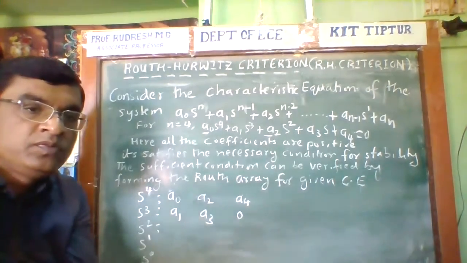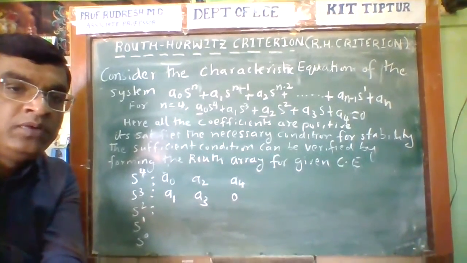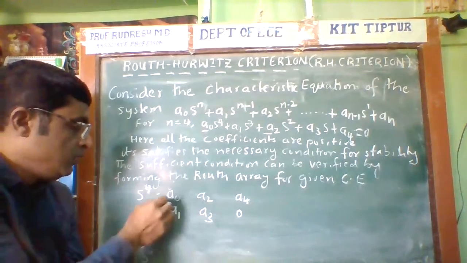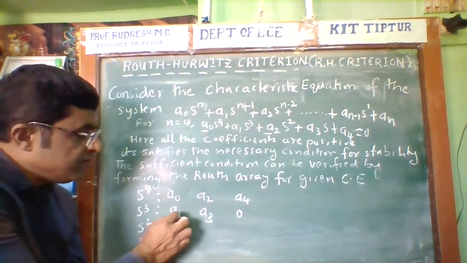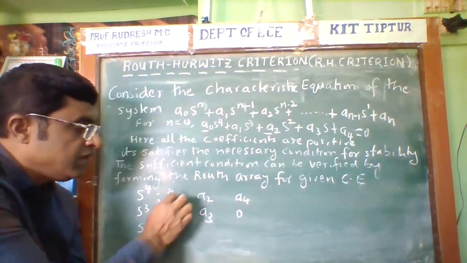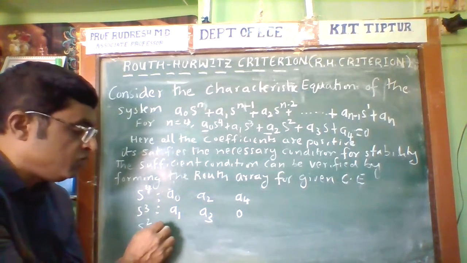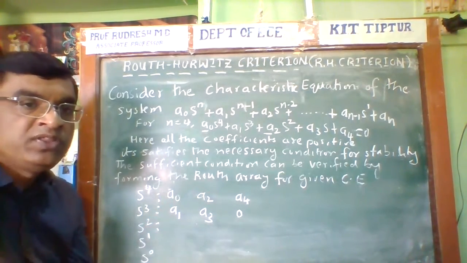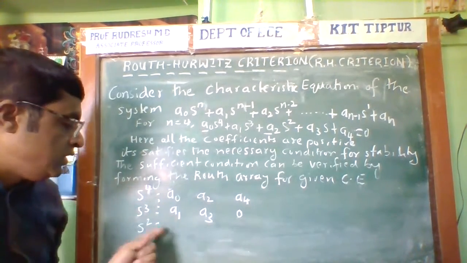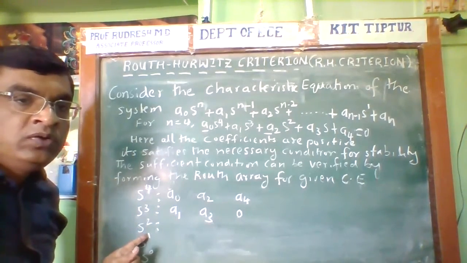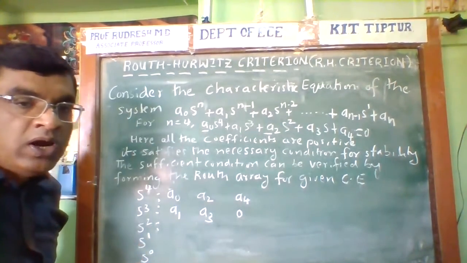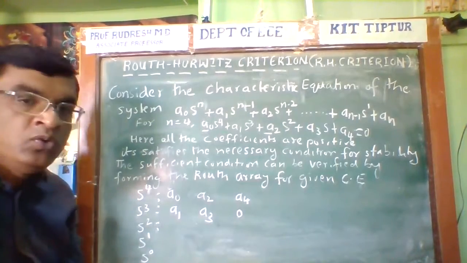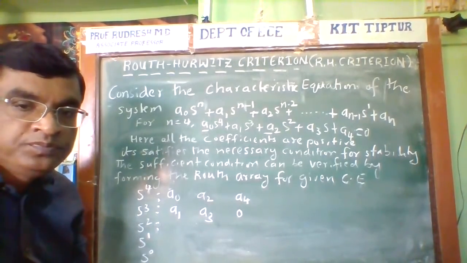The S power 0th row can be formed by utilizing the elements of the previous rows. You can find out the values of the elements of the S square row, S1 row, and S power 0 row.